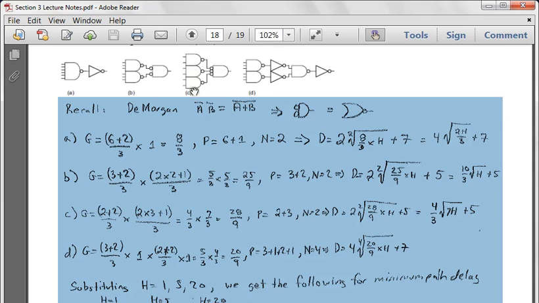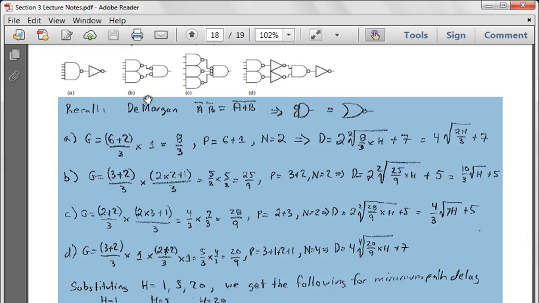For this stage, we have 3 2-input NAND gates and a 3-input NOR gate. So 2 plus 2 to calculate the NAND gates over 3 times 2 times 3, the 3-input NOR gate, plus 1, 2n plus 1 over 3. So this becomes 4 over 3 times 7 over 3, which becomes 28 over 9.